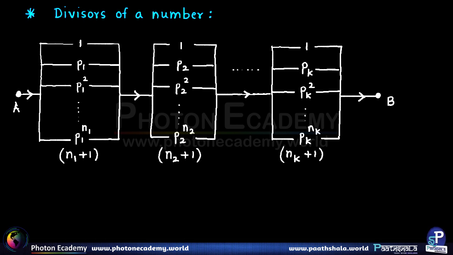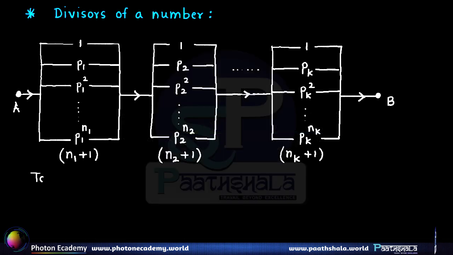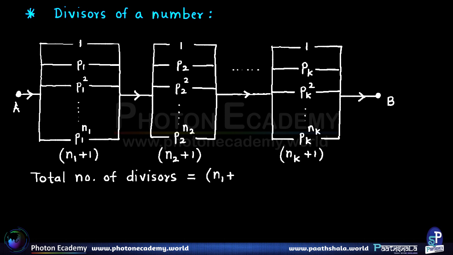Therefore, the total number of divisors of the original number is the multiplication of these figures, that is, (n1 plus 1) into (n2 plus 1) and so on up to (nk plus 1).